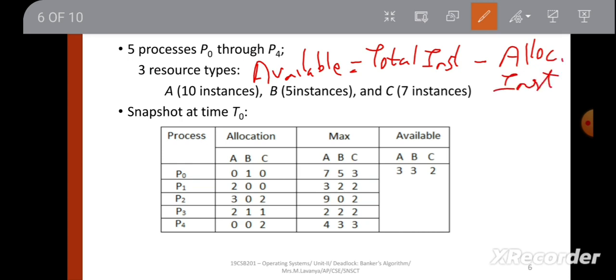The total instances of the resources, for the three resources A, B and C, are: A has 10 instances, B has 5 and C has 7 instances.